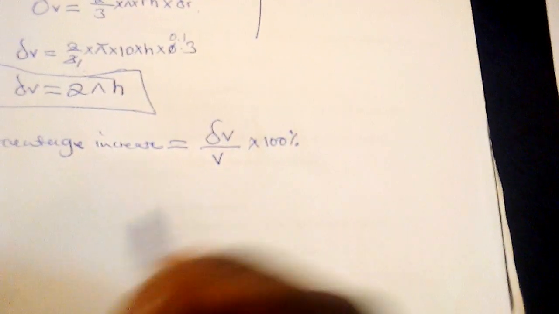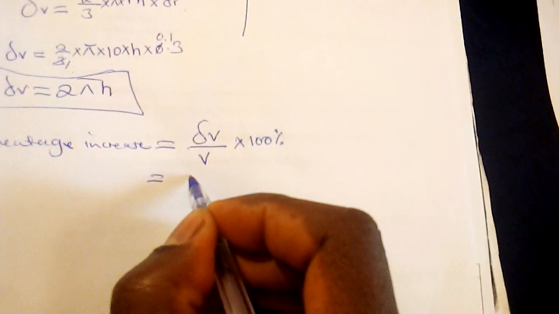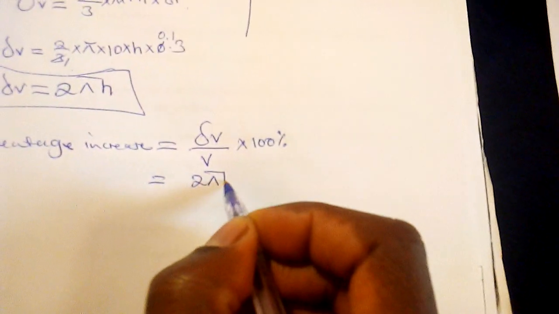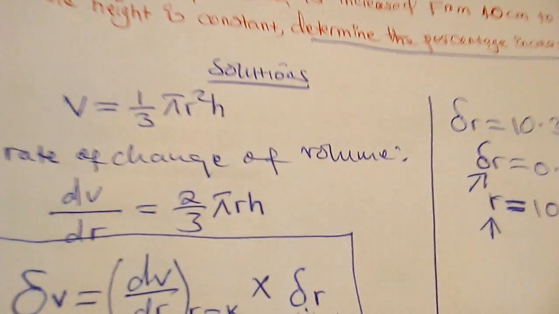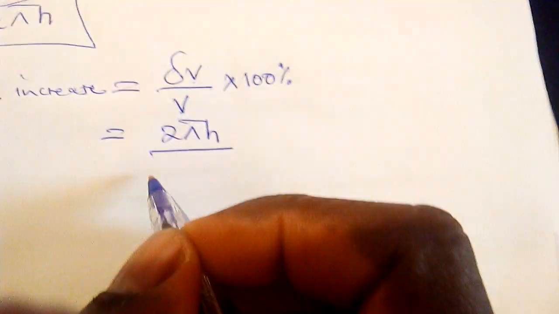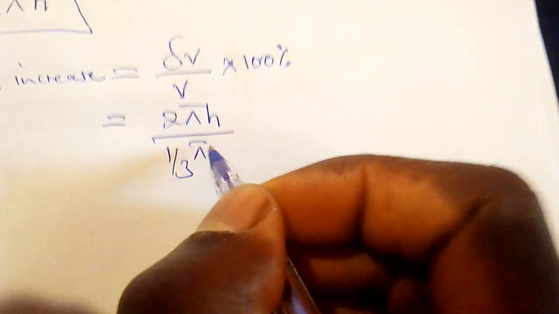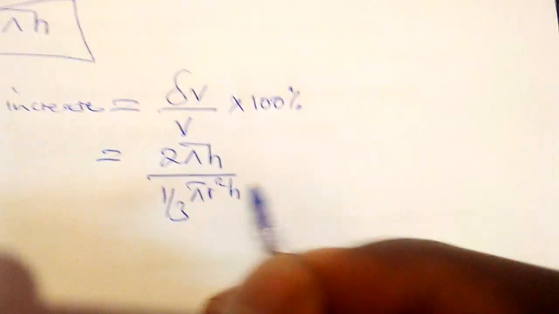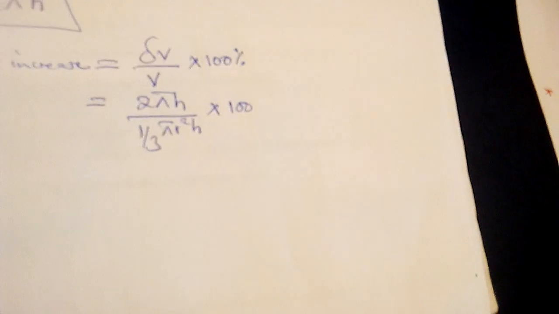Once this is done, we further say change in volume is given by 2 pi h all over the volume. Remember the formula? The volume is 1/3 pi r squared h. So we have 1/3 pi r squared h. But of course we know this is times 100 here.